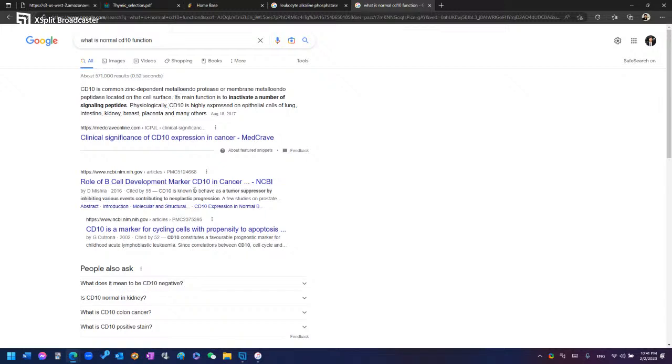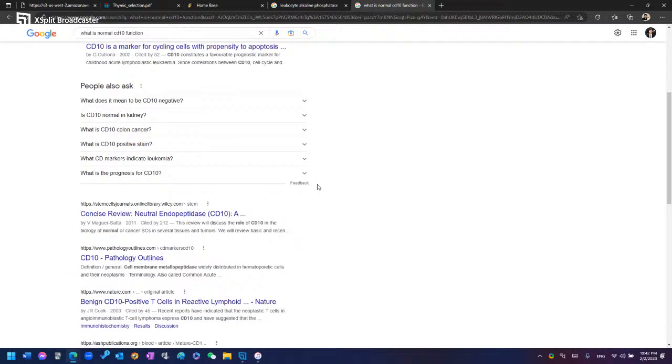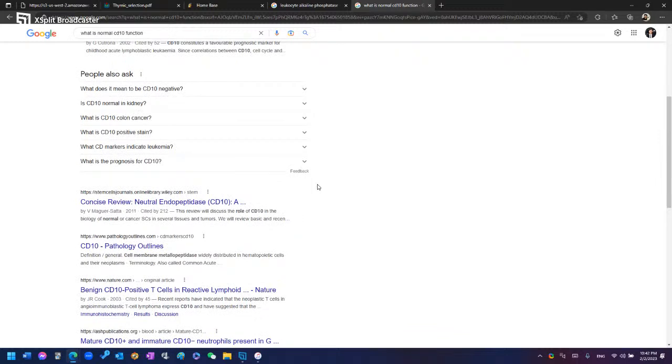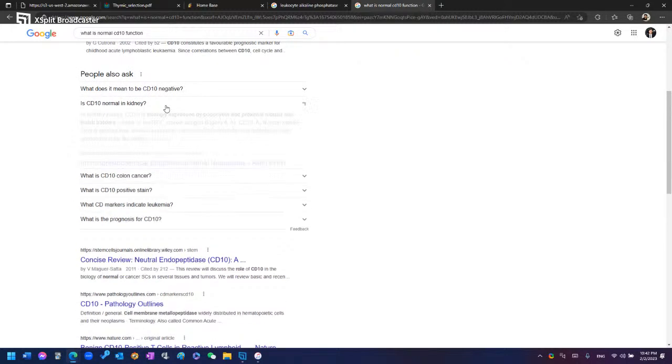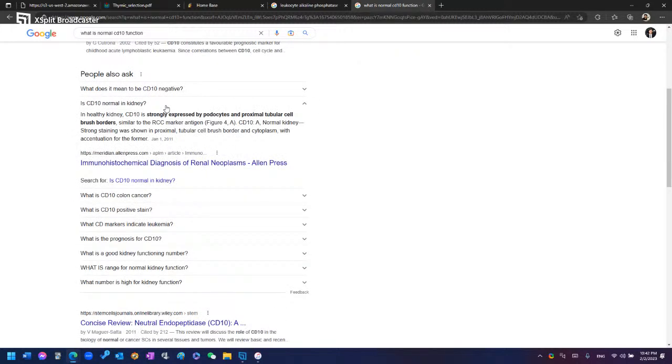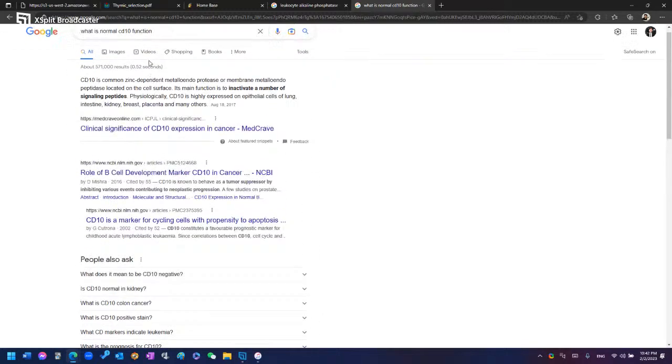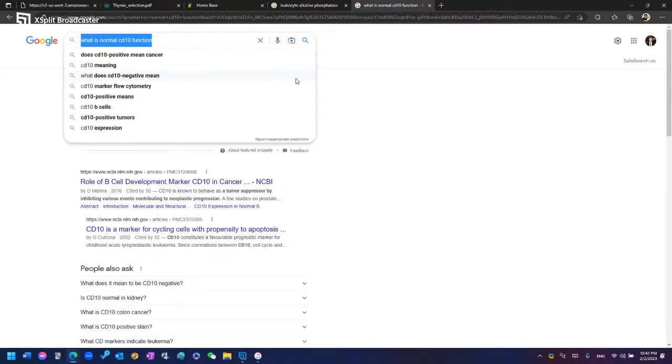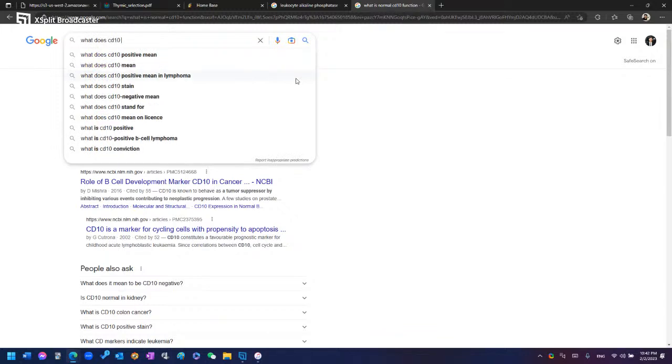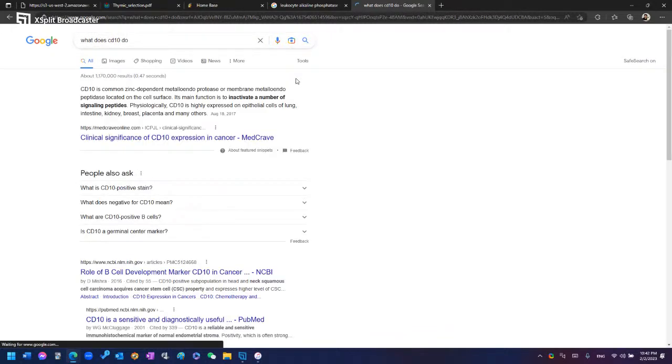So CD10 is found on other cells. So that's not just an immune thing.